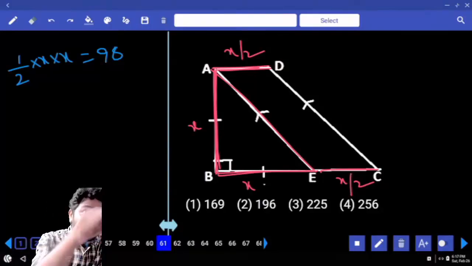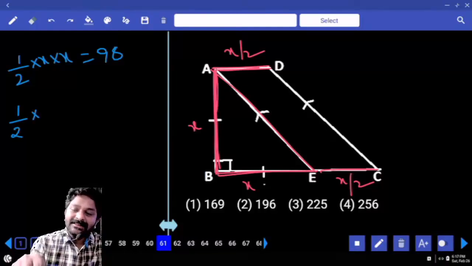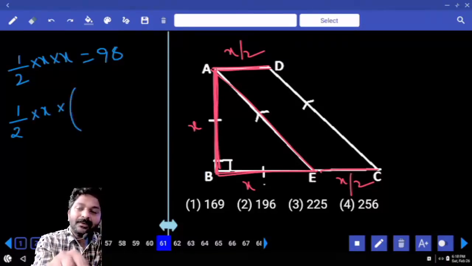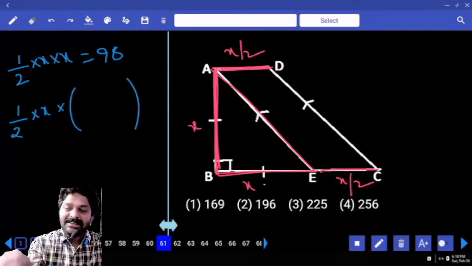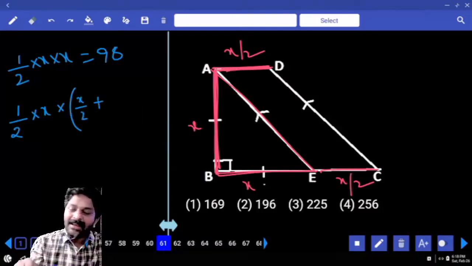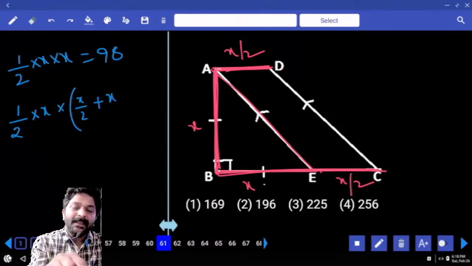Now already in today's class itself we have discussed the area of the trapezium is equal to half of height, which is X, into the sum of the two other sides. One is x/2 plus BC, we have to calculate. BC is equal to x plus x/2.